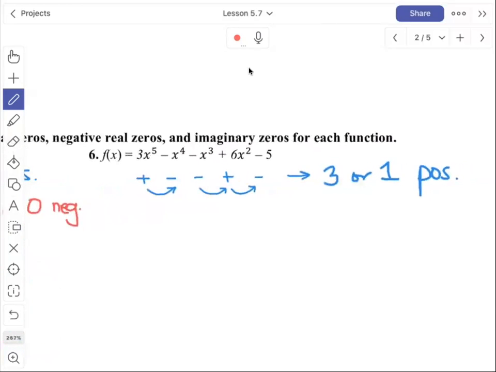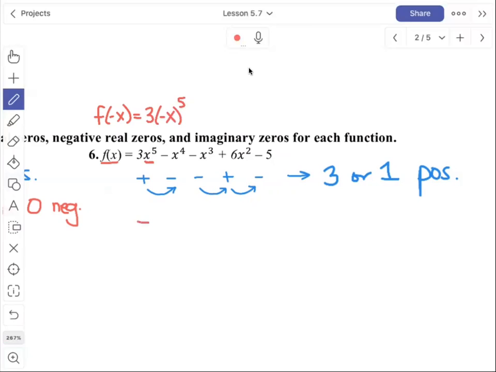Okay, so what you want to do is plug in -x into our function. When I plug in -x into this one, is that going to come out positive or negative? Negative. Good.